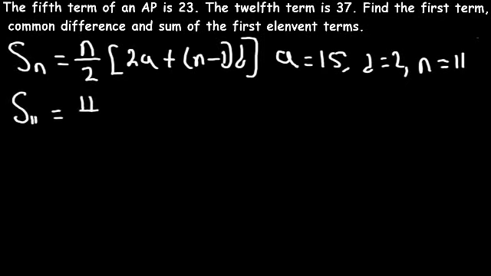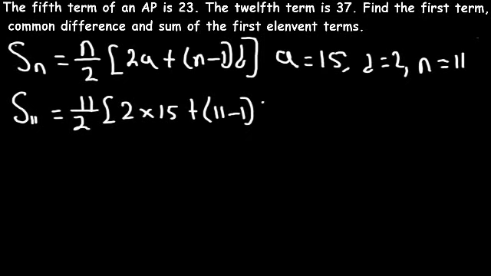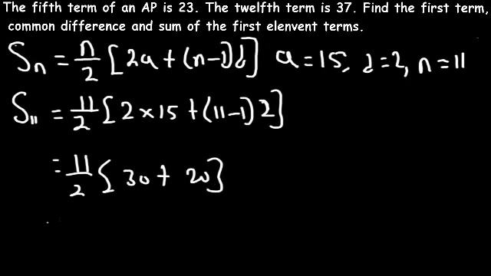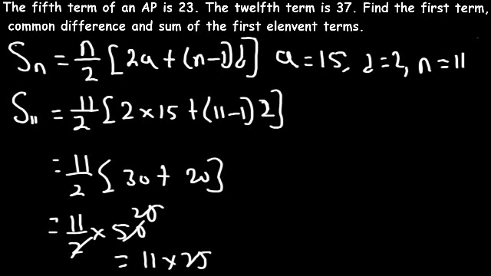So I have 11 by 2. What I'm trying to do is just substitute 15 plus 11 minus 1, then multiply by 2. So what would this be? 11 by 2, multiplied by 30 plus 20. So I should have 11 by 2 multiplied by 50. This gives 25. So what exactly is 11 multiplied by 25?